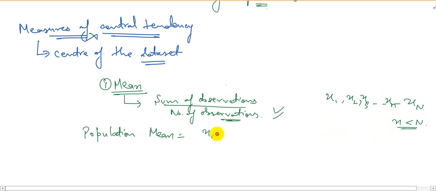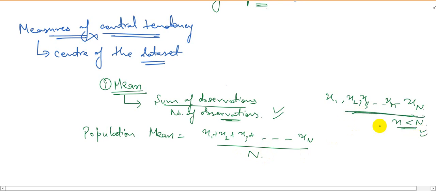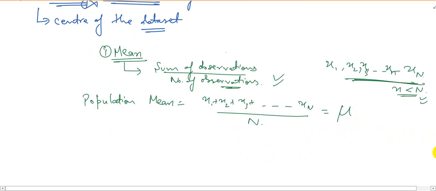So x1 plus x2 plus x3 and so on up to xN upon this N, because there are capital N observations in our data set. This is the population mean, and it is generally denoted as mu.